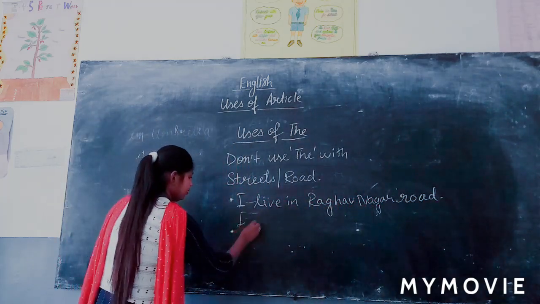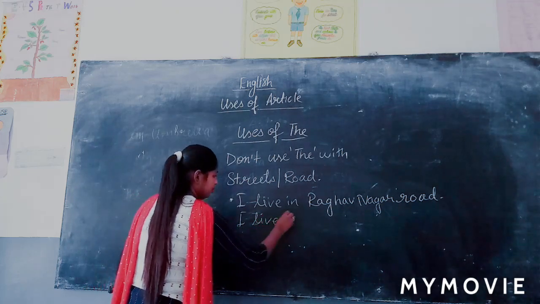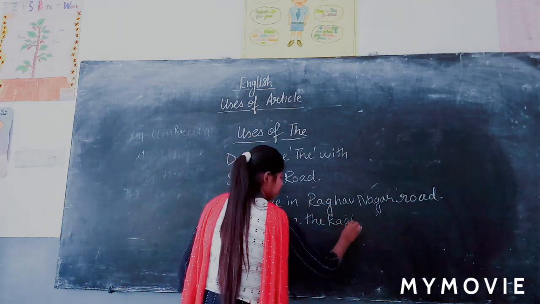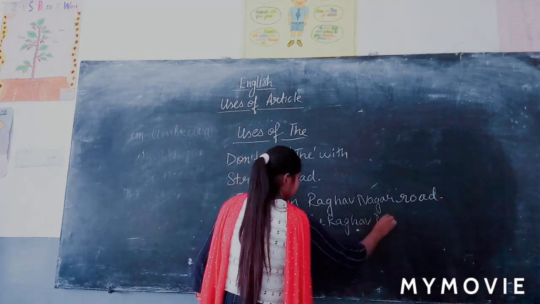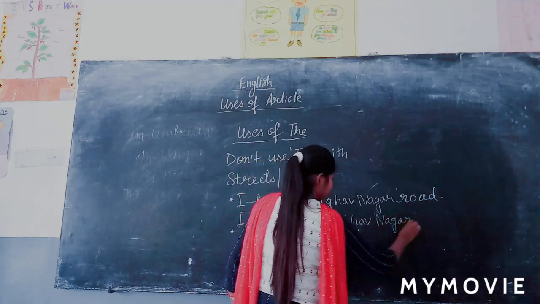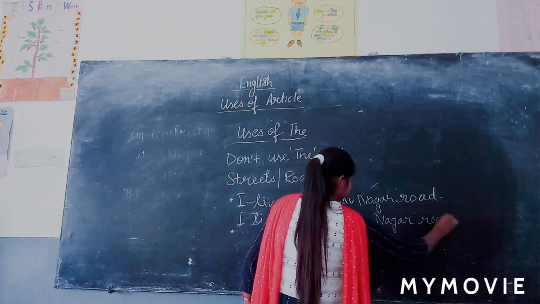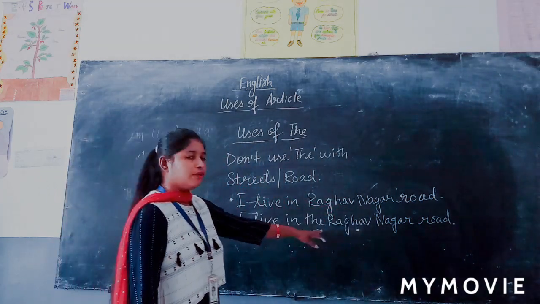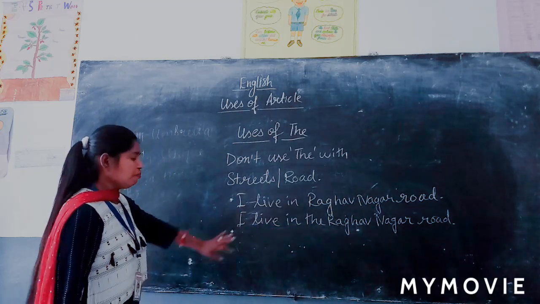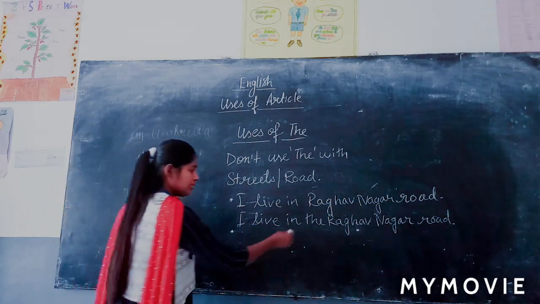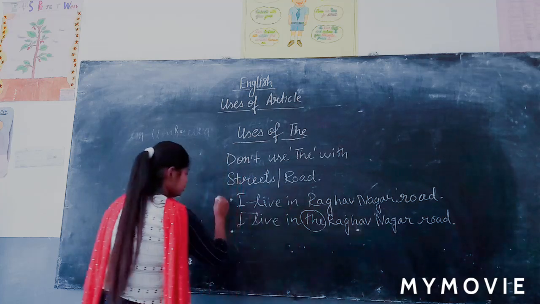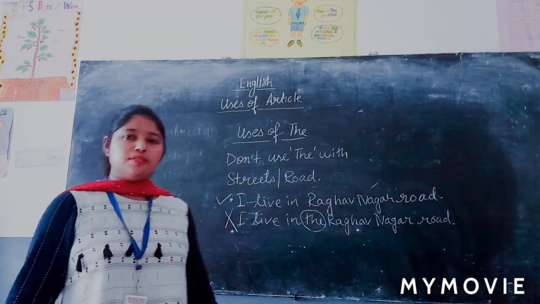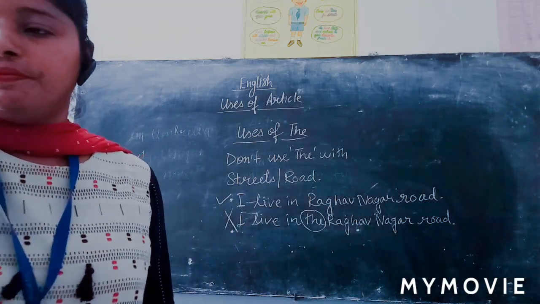Another: I live in the Raghov Nagar road. Here the name of the road is Raghov Nagar. So which statement is correct? Here the is not used, so it is right and this one is wrong.